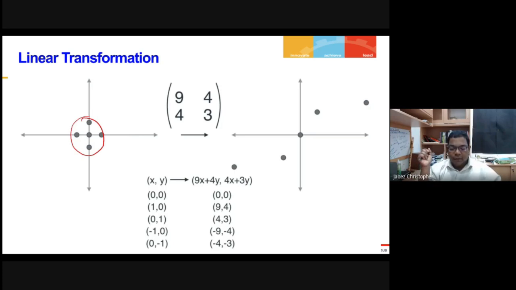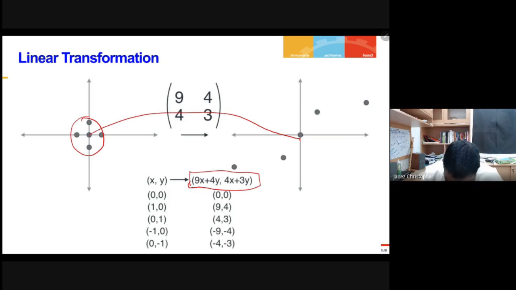9, 3, and 4, 4. Now using that covariance matrix, I have a relation, right? This relationship is called my transformation relationship. So plugging these values, 0 comma 0 will come over here, and 1 comma 0 is this point. When I plug it over here, I'll get 9 comma 4 that goes over here.